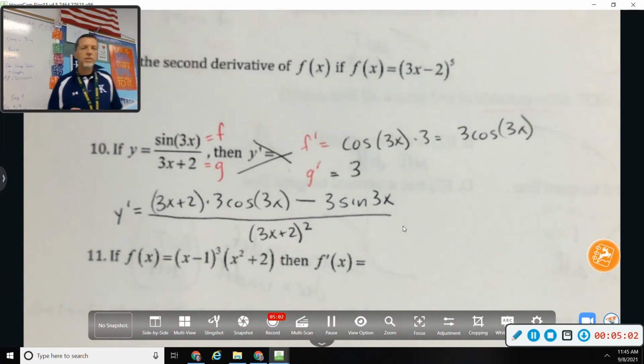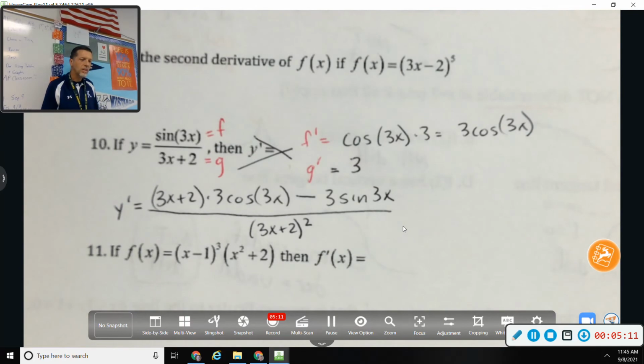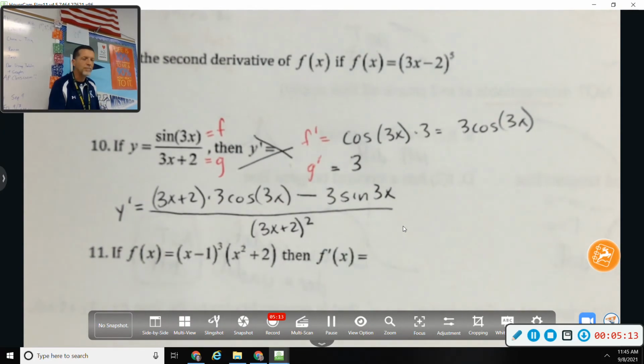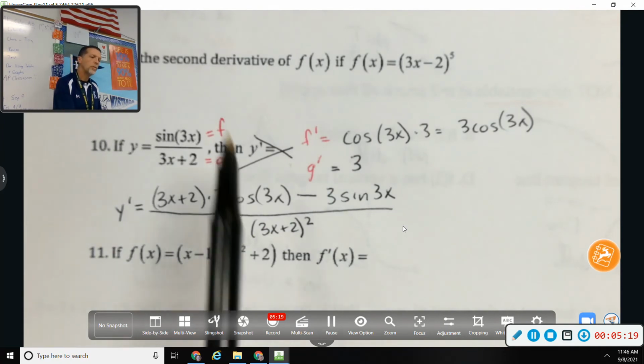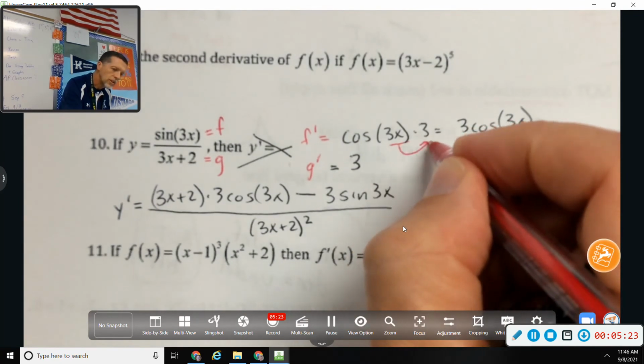And I don't know that there's much you could do with that anyway, so I would leave that alone. I guess you could distribute that 3 to those two things, but that's about it. Or factor out a 3, but minor stuff. So that one used the quotient rule, but it also used the chain rule.